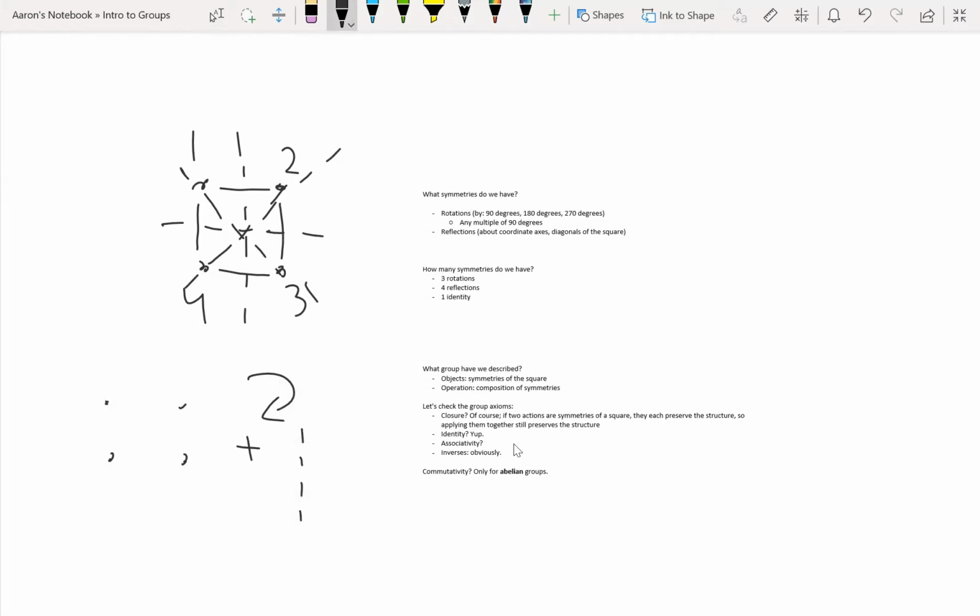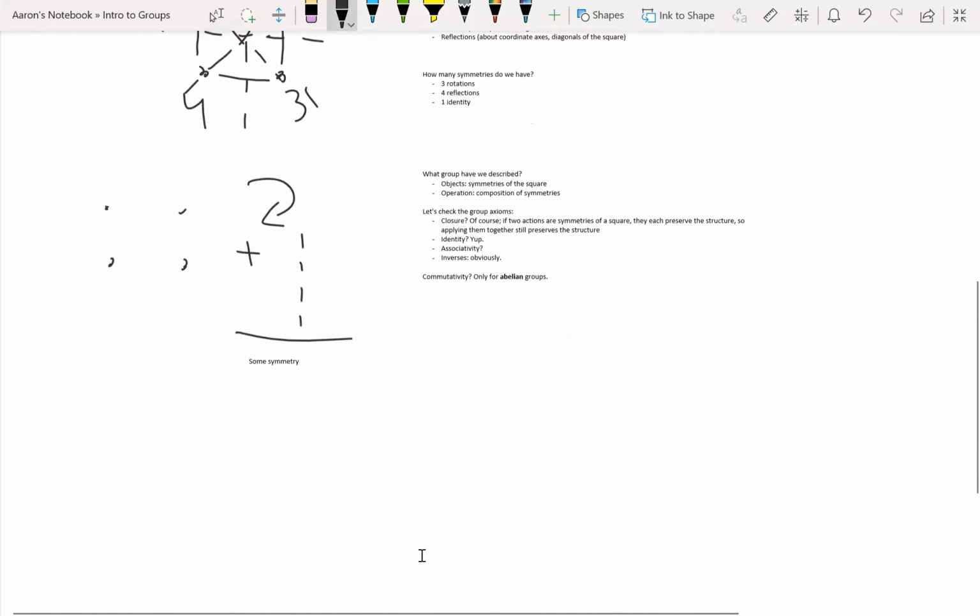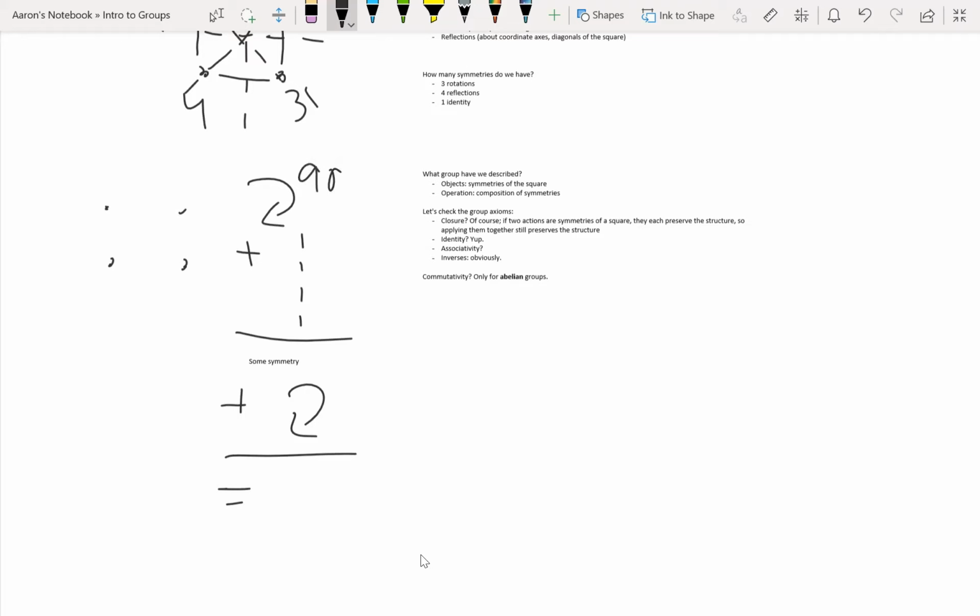This gives me some symmetry. If I then add another 90-degree rotation, that gives something. I should not have chosen... This will be 90 degrees and this will be 180 degrees so that there's a difference.